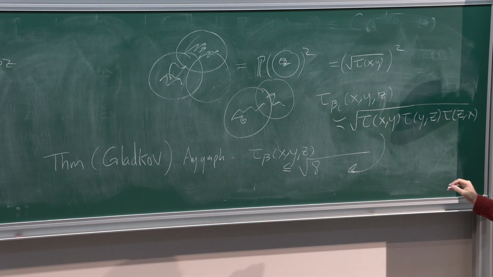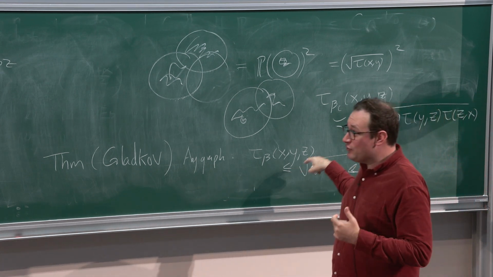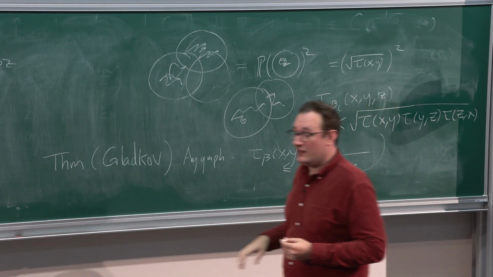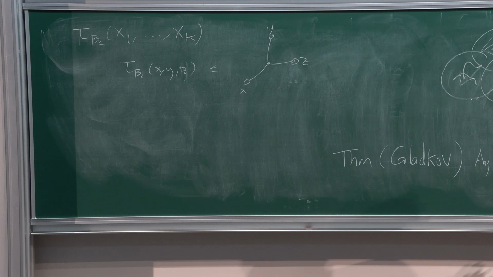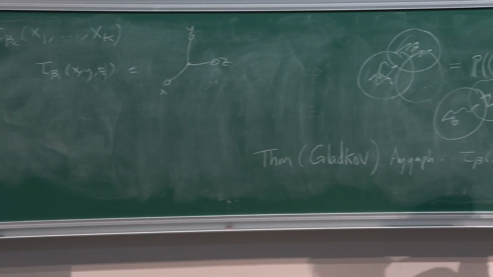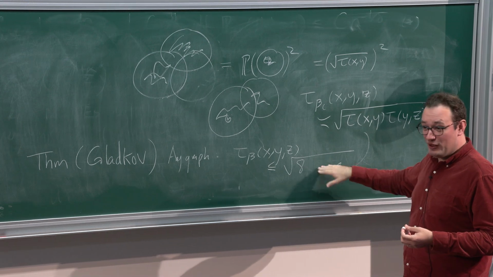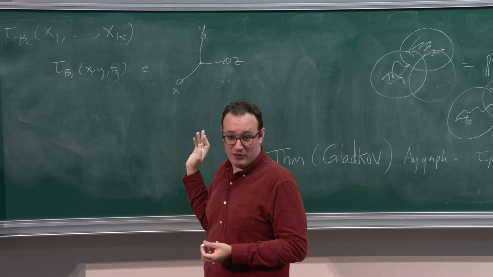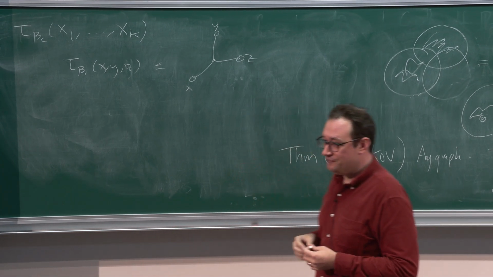Always. So this is really interesting. We now have two generic ways of bounding the 3-point function that always work. There's the Aizenman-Newman tree graph bound, and there's this Gladkov inequality. They're both always true, but the Gladkov inequality is believed to be sharp in low dimensions, and the Aizenman-Newman inequality is believed to be sharp in high dimensions. And again, both of them will be slightly off in the critical dimension.